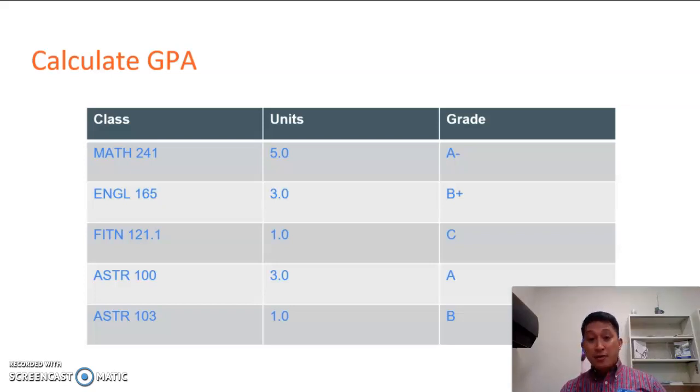They took a Fitness 121.1, 1 unit, and earned a C. And then took Astronomy 100 and earned an A, and 1 unit Astronomy 103 lab course and earned a B. So think about the grade and the points that they'll earn, and also the number of units for each class. And I want to give you some time to calculate that GPA.